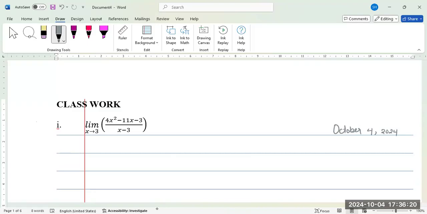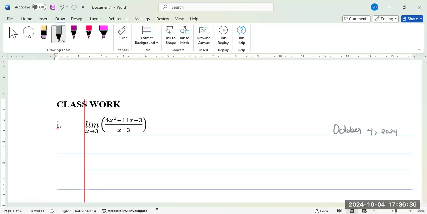For those of you who don't know what we're talking about, x tends to 3 means we are guessing where the function is going to move to at the point where x is going to 3.